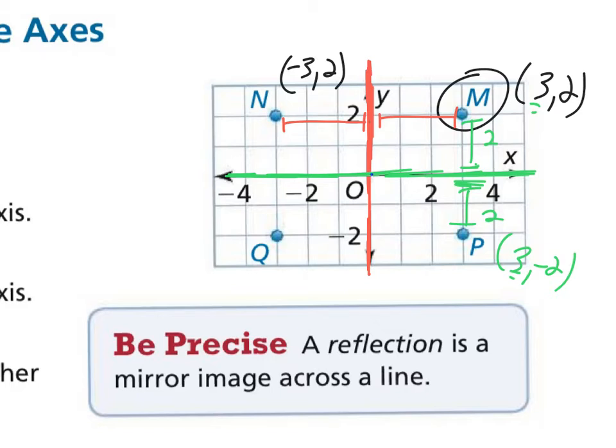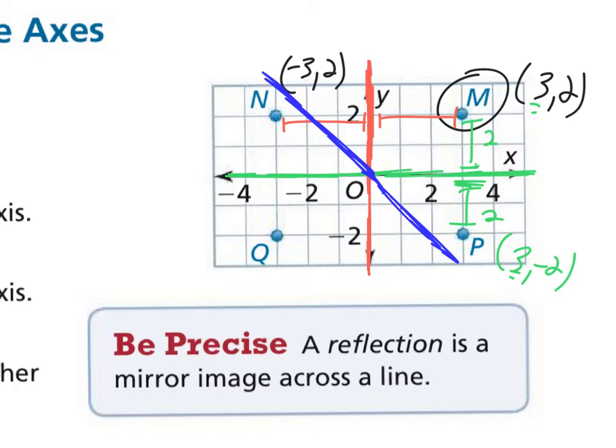So if you look at the origin, kind of what they would do here is they could draw a line in this direction. Across that line, those 2 points would match up with each other. It's a little clearer to see with point N and M and with point P and M, how that works, where we could fold it.